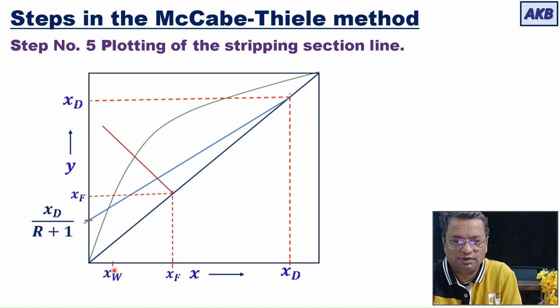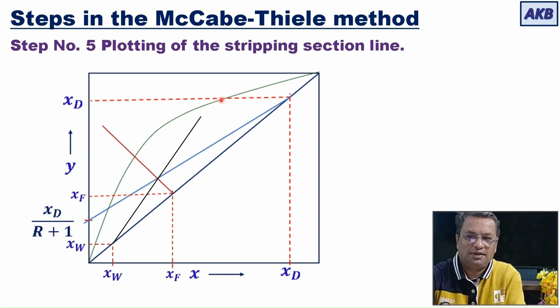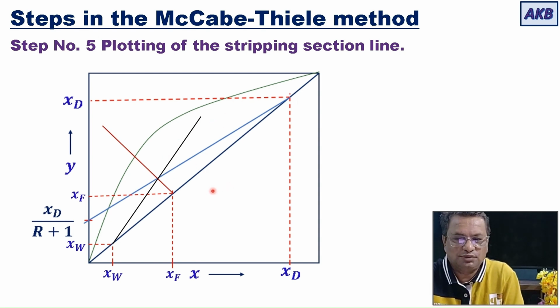I go to the diagonal line, and then on the x-axis, it will also be xw. The stripping section line will start at this point, and then it is going to pass through the intersection point of the rectifying section line and the Q line. So this will be the stripping section line. In this way, you have to plot the stripping section line.